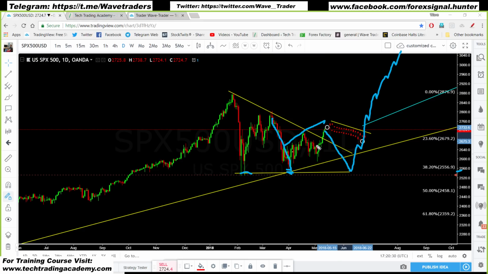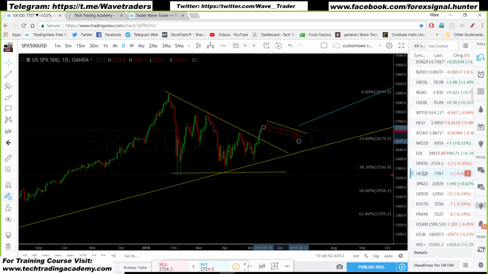If it is going to test that bottom again, still within that triangle, you're going to get another chance to buy for more upside. If it is not going to test that bottom, just simply watch for another correction like that and go for a buy on the S&P 500.